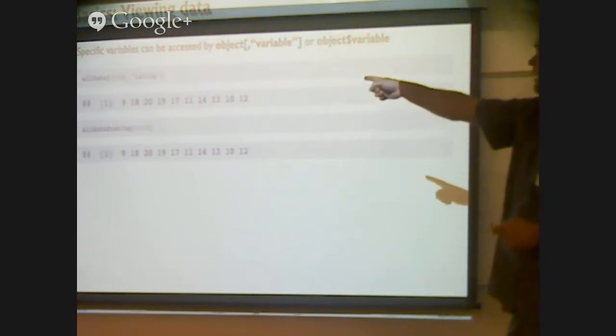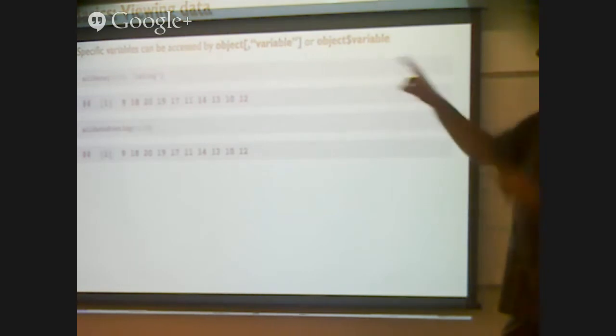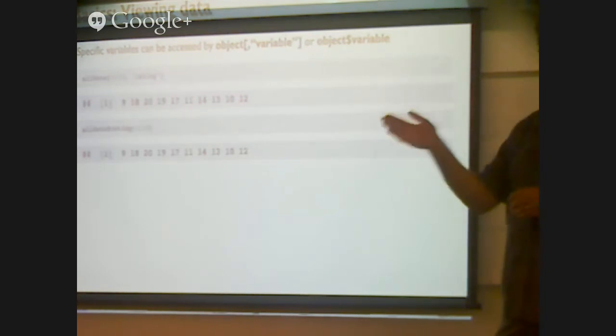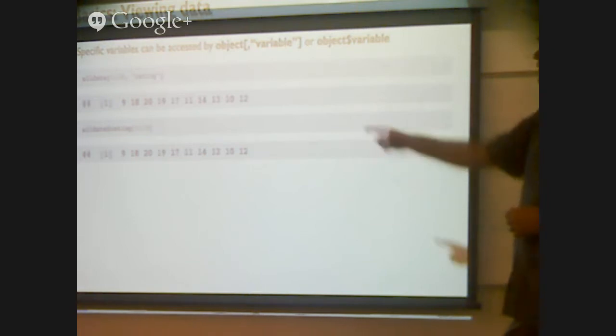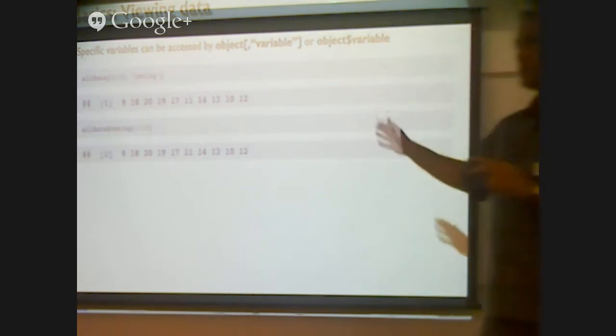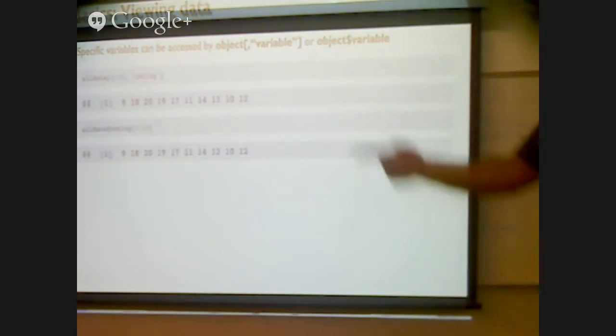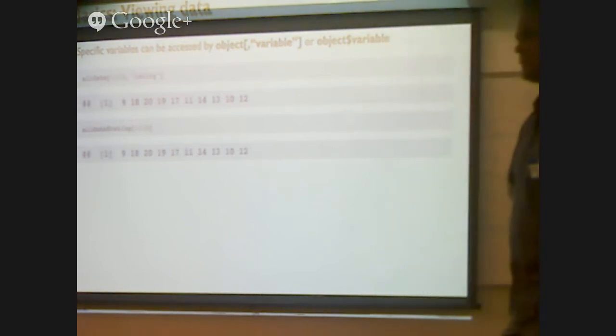I can either call that out as column 22, because I know it's the last one, or I can just say rating, and it'll find it independent of where rating is in the data set. Or you can use this little $ bit: all data $ rating 1 through 10, which is the same thing. So indexing starts with 1, not 0. It does not start with 0.